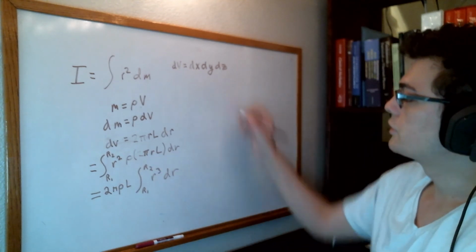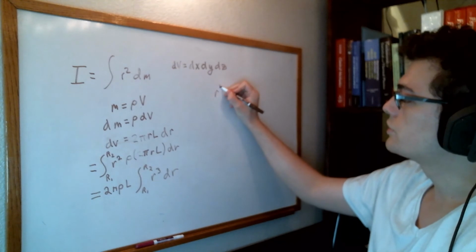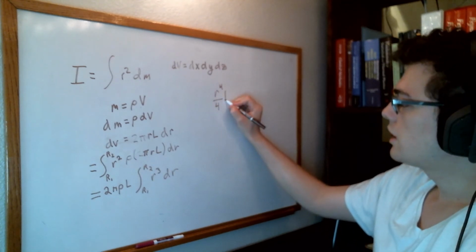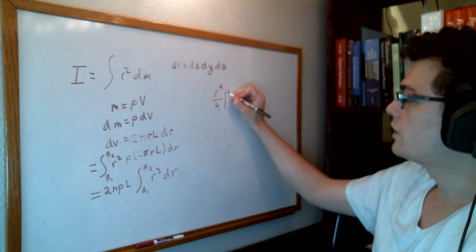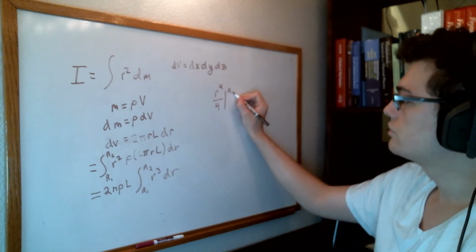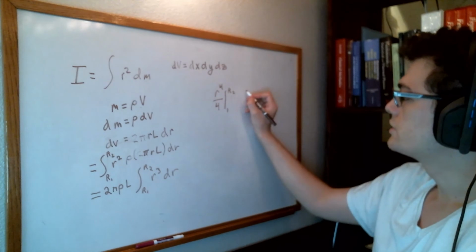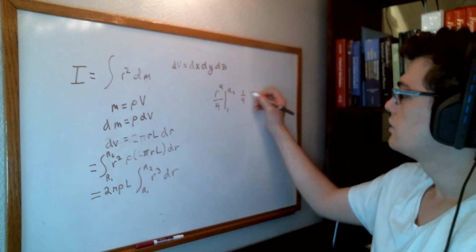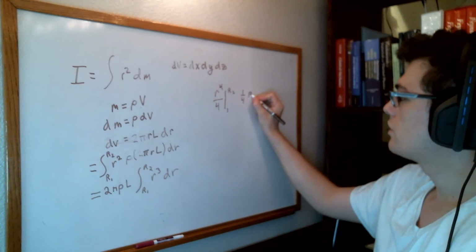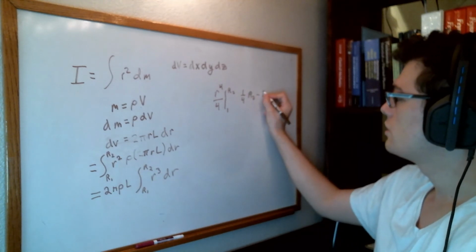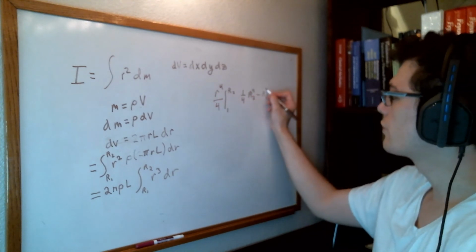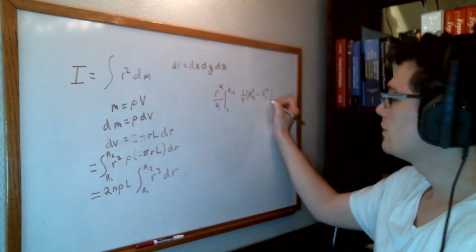And so very quickly we can evaluate that integral. We'll have r to the 4th over 4, and from there we'll have to evaluate it from r1 to r2. And so then this is going to be 1/4 of r2 minus r1, these will be to the 4th power here.